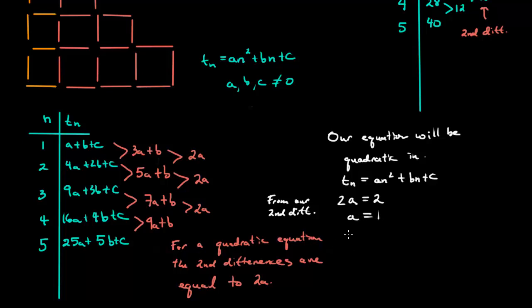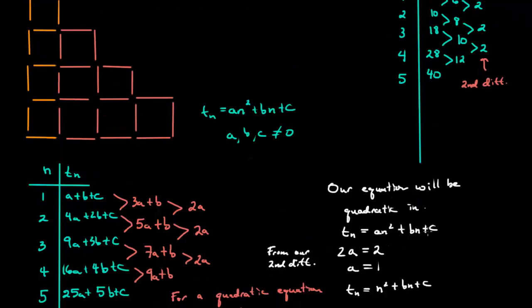So we have that t sub n is equal to n squared plus bn plus c. Now the next step is to figure out what b and c are. So we have to figure out what these two coefficients are.